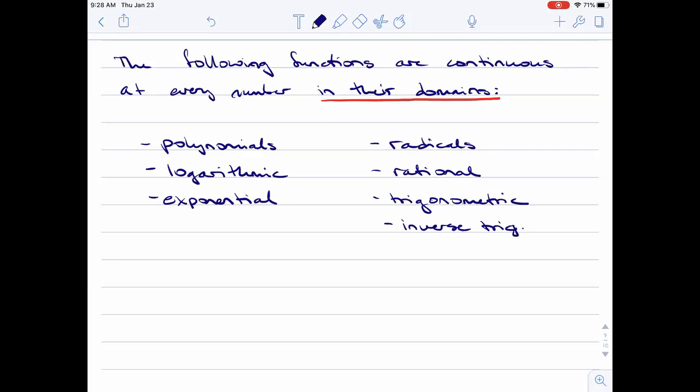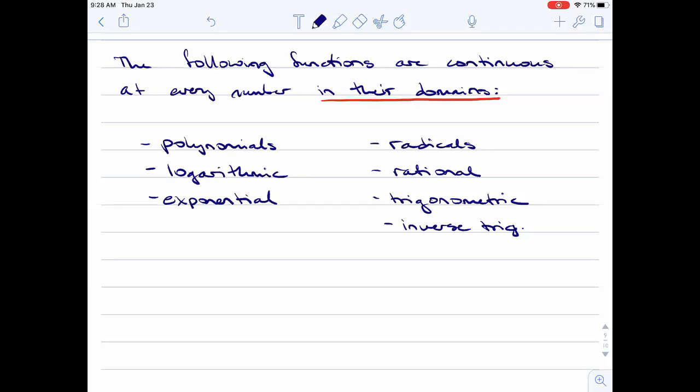Especially some of these trig functions and inverse trig functions we've already talked about, while their domains might not be all real numbers. Especially thinking about tan, for example. We know that there are these asymptotes at regular intervals, and those asymptotes are obviously not in the domain of tan, but it is continuous everywhere else.